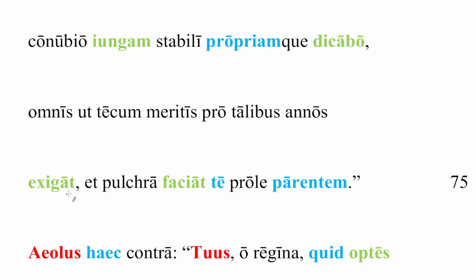So that she spends all her years with you in thanks for, or in return for, such merits that you have. And, still Deopeia, and so that she makes you a parent.